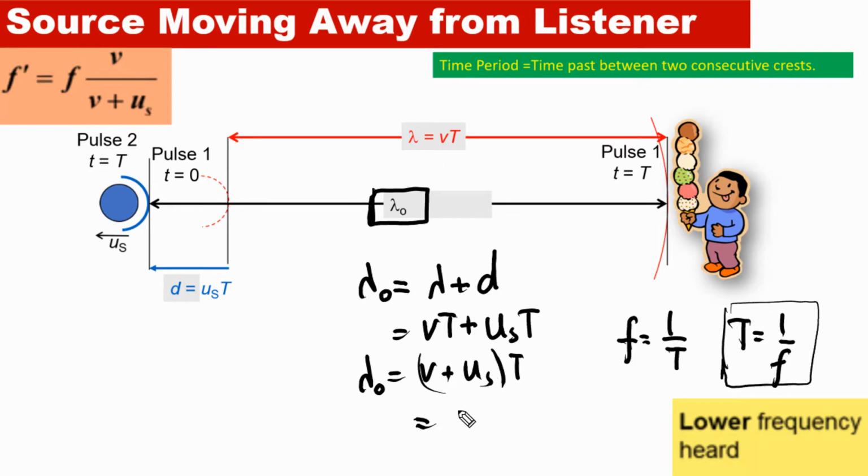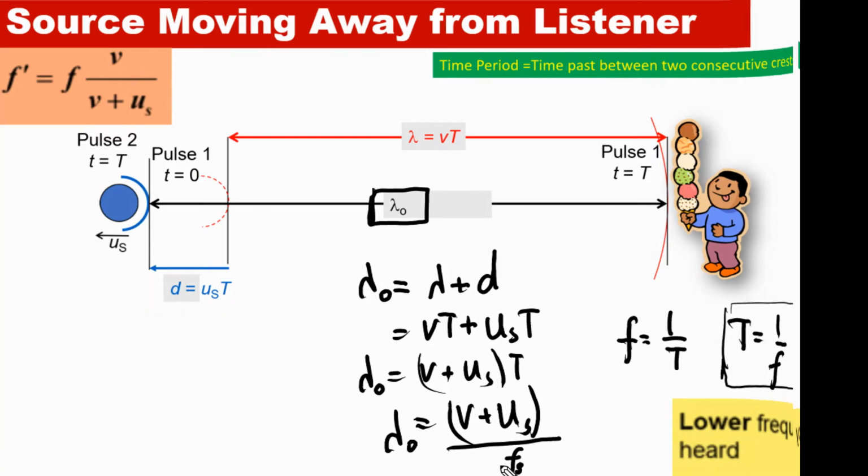So our relationship will be (v plus u_s) divided by f, where f is the frequency of the source. So this is lambda observed. This is how you can calculate it.